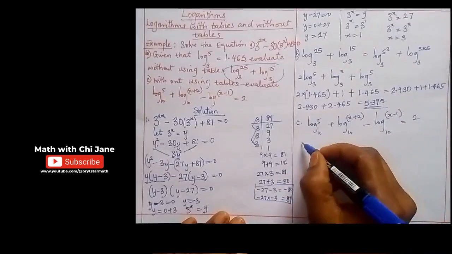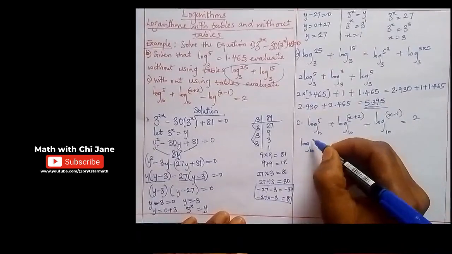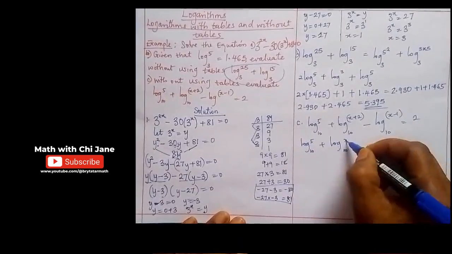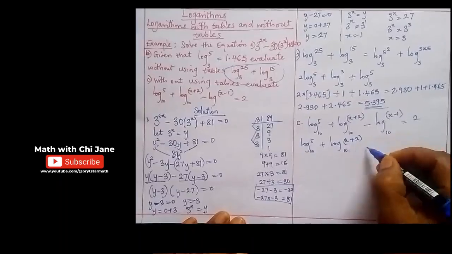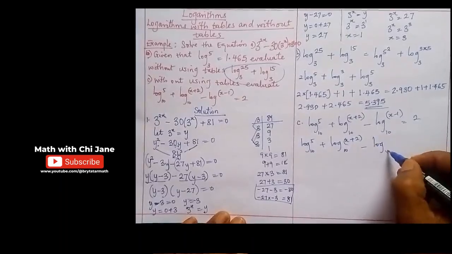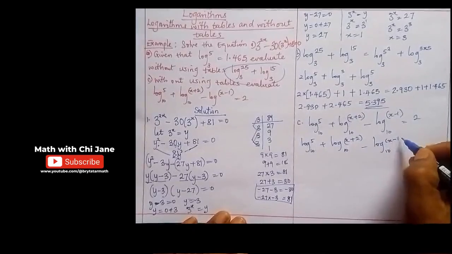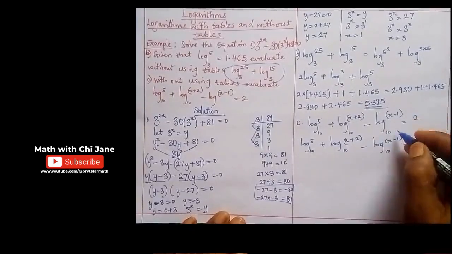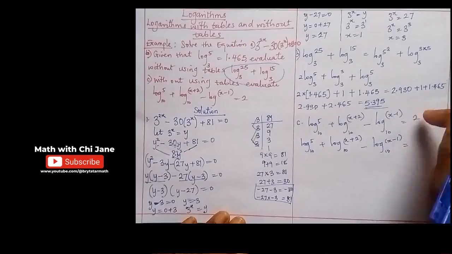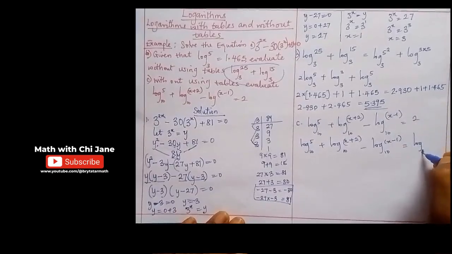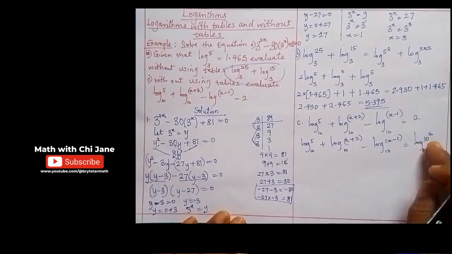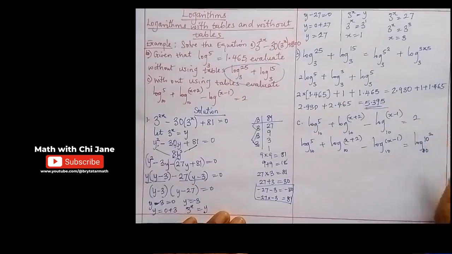So the whole of this becomes log base 10 of 5 plus log base 10 of x plus 2 minus log base 10 of x minus 1. Remember, the log of a number is the number of times the base is raised to the power. So we have log base 10 raised to the power of 2. Okay, that's how we got this 2.